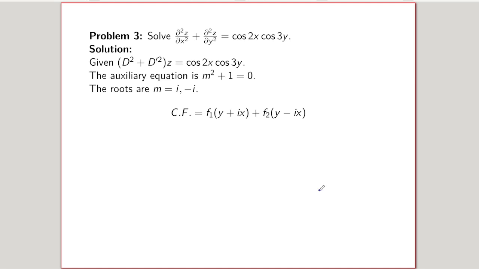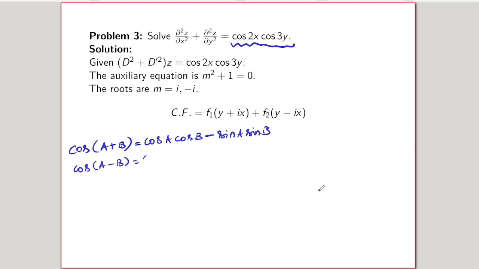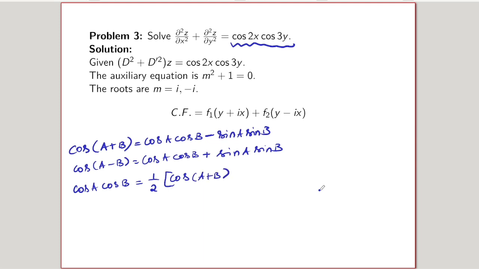Now to find the particular integral, first we have to write this cos A cos B term as a sum of sine and cosine terms. We know that cos(A+B) equals cos A cos B minus sin A sin B, and cos(A-B) is cos A cos B plus sin A sin B. So we can write cos A cos B as 1 by 2 times [cos(A+B) plus cos(A-B)].